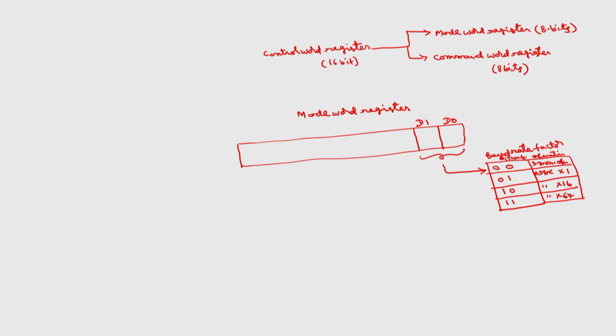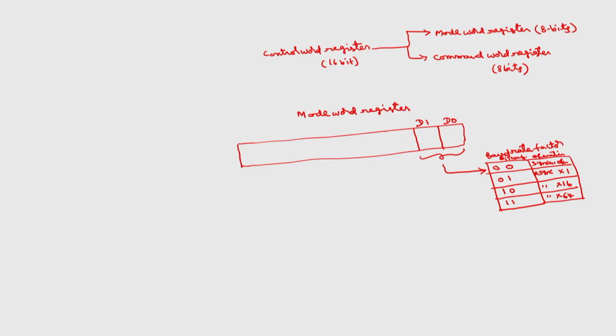Only for 0 0, the 8251 will operate in synchronous serial transmission mode, whereas for the remaining 3 combinations it is asynchronous. In one case the direct baud rate is taken, in another a factor of 16 is taken, and in the other case a factor of 64 will be taken. That is about the last 2 bits.